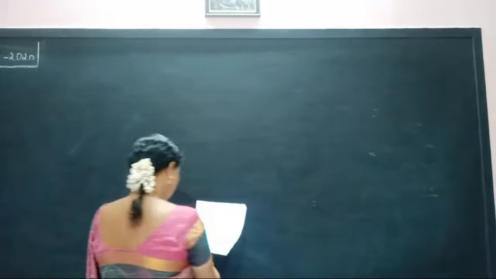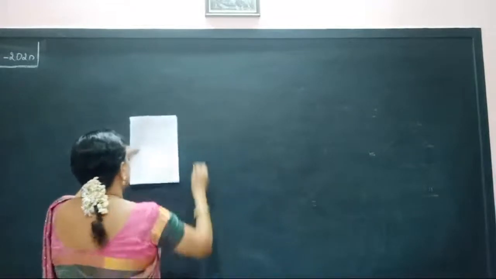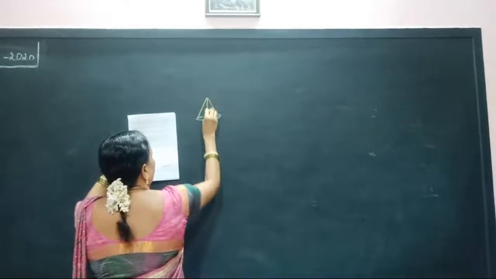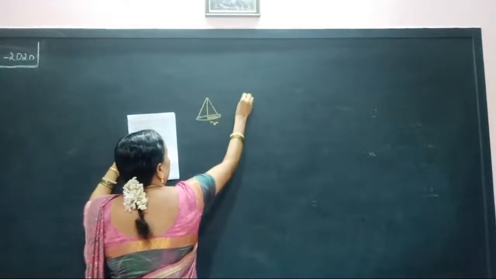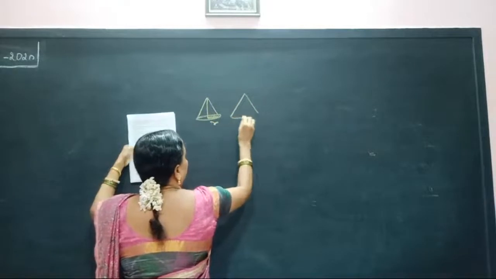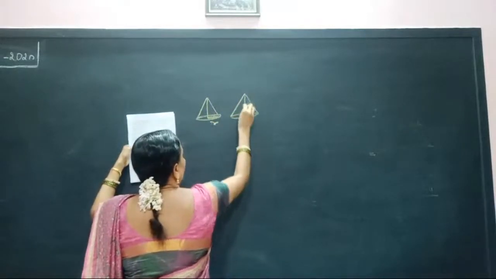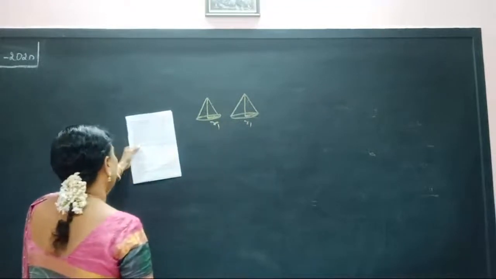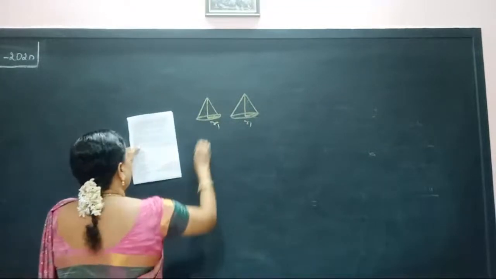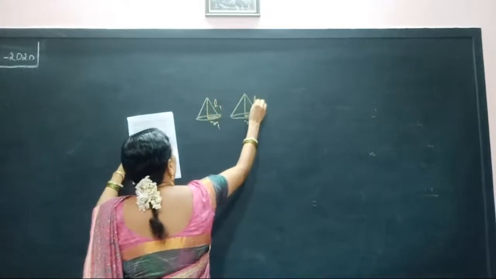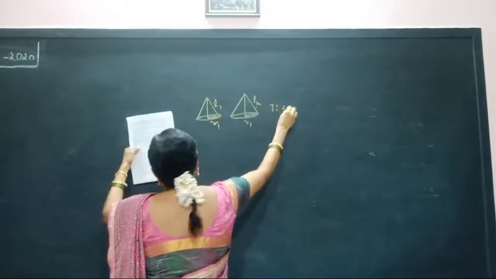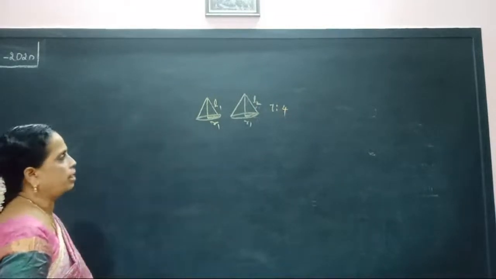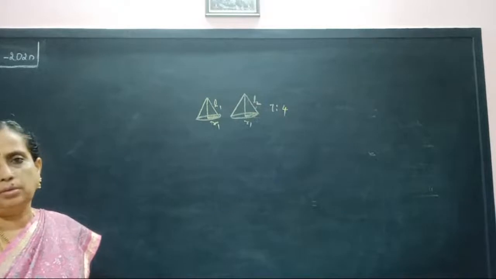It's given the diameters of two cones are equal. That means they have equal base radius. If the slant heights are in the ratio 7:4, find the ratio of their curved surface area.